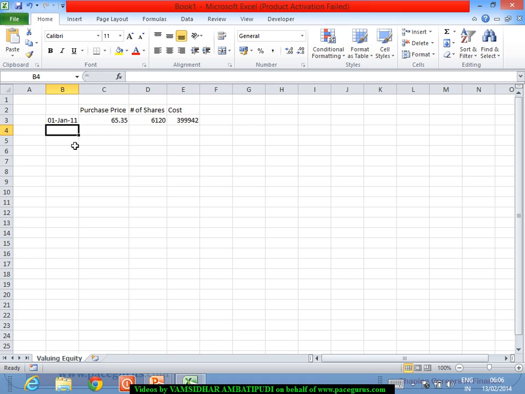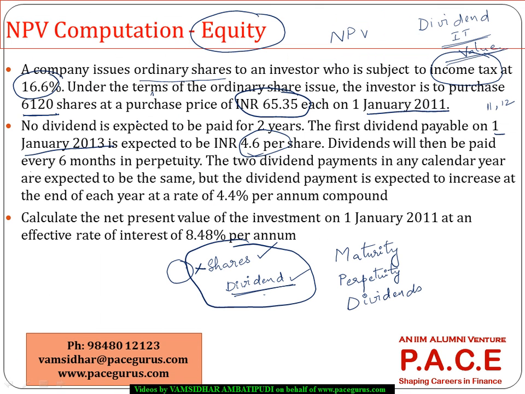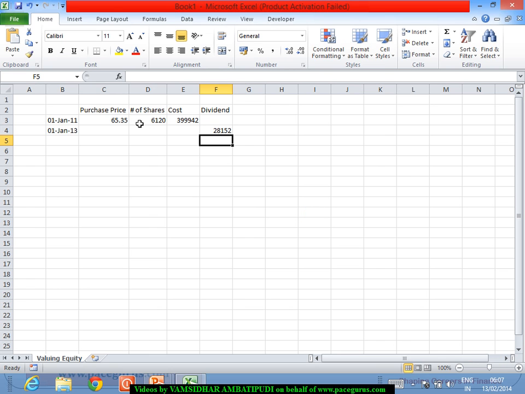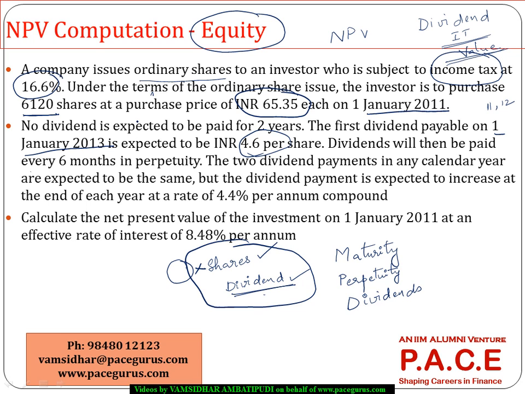So for the dividend on 1st Jan 2013, we are talking about 4.6 per share. There are 6,120 shares, so the dividend is going to be 28,152 bucks in each of the periods.